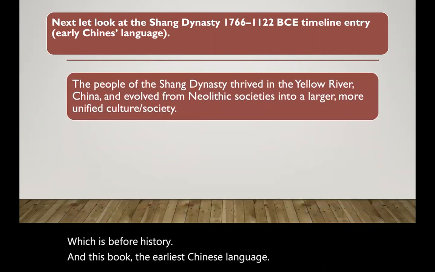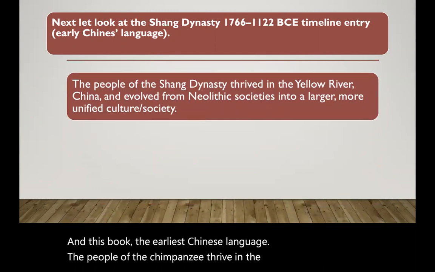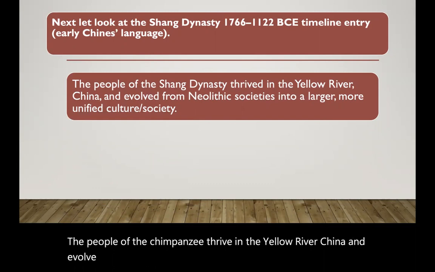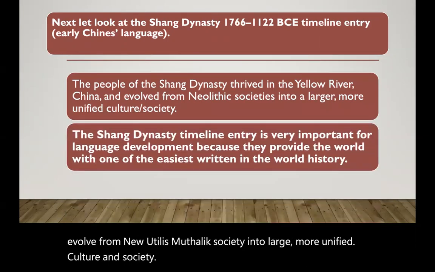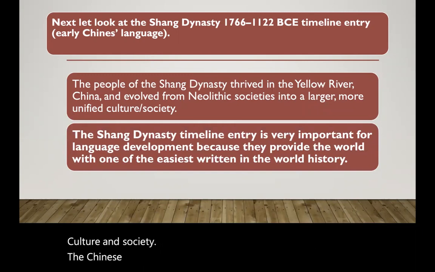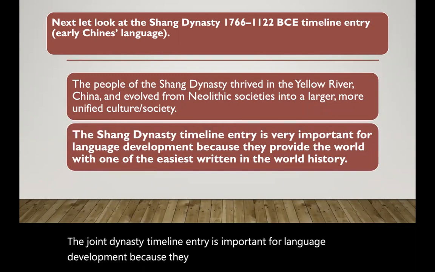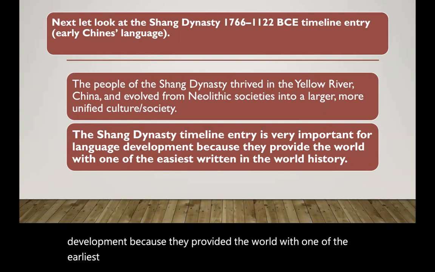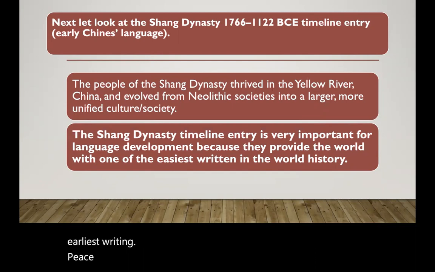The people of the Shang dynasty thrived along the Yellow River in China and evolved from Neolithic society into a larger, more unified culture and society. The Shang dynasty timeline entry is important for language development because they provided the world with one of the earliest written pieces in world history.